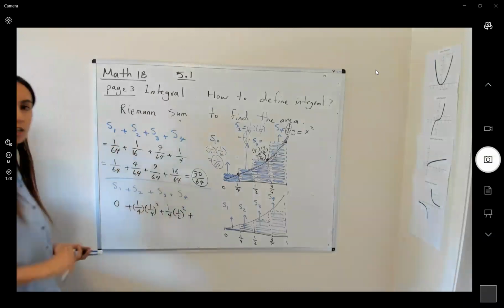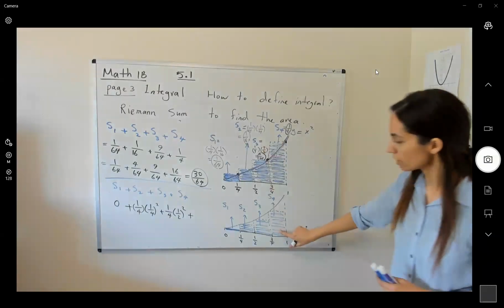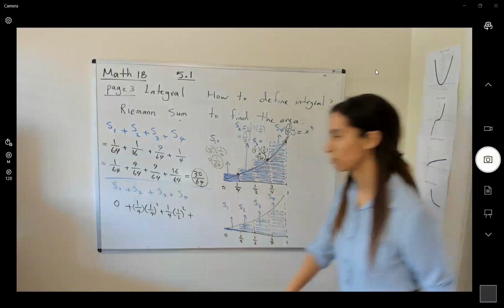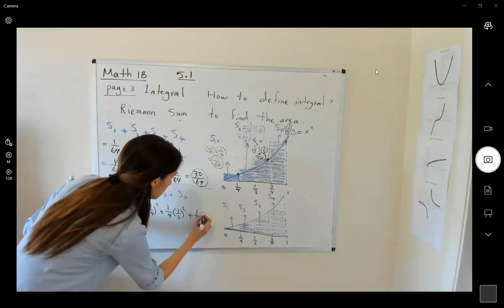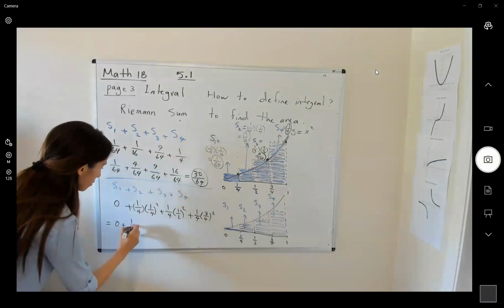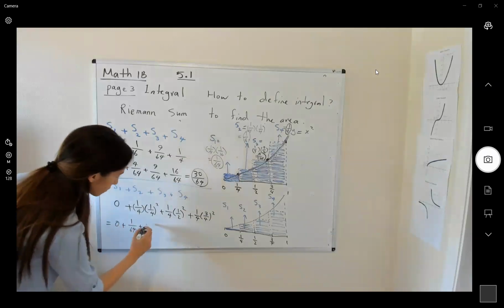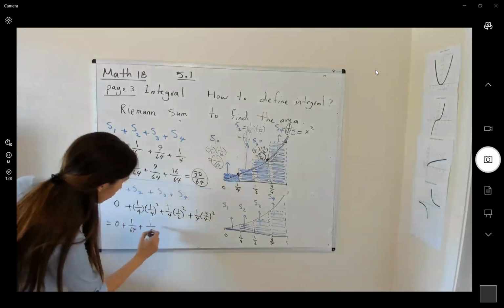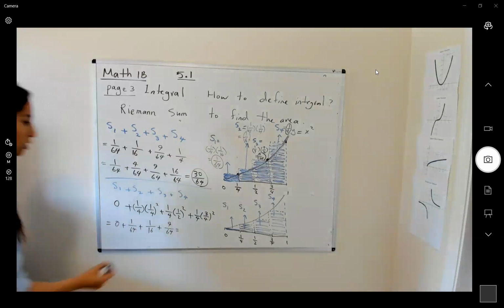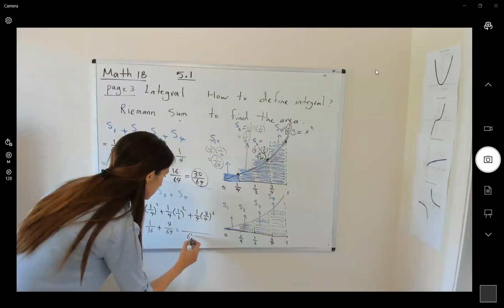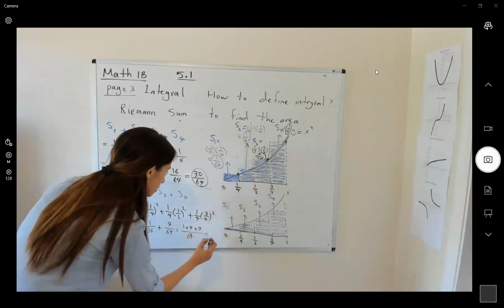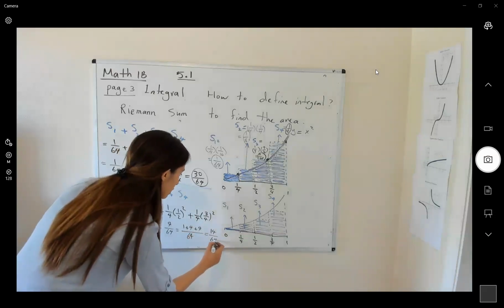And plus, finally, the area of the last rectangle here is 1/4 times 3 over 4 raised to the second power. Okay, let's calculate this. 0 plus 1 over 64 plus 1 over 16 plus 9 over 64. If we take a common denominator between these, you get 64. Here you have 1 plus 4 plus 9, which gives you 14 divided by 64.